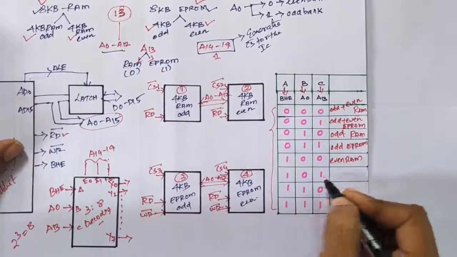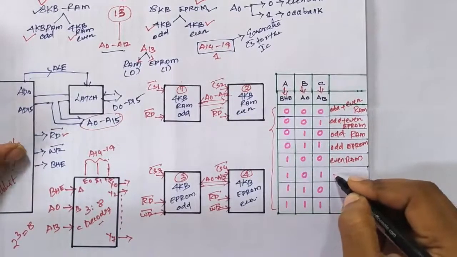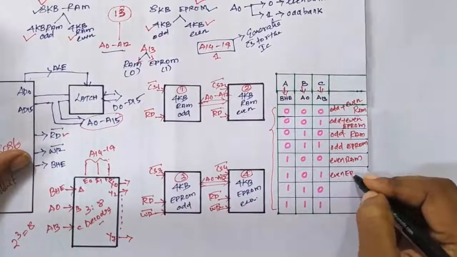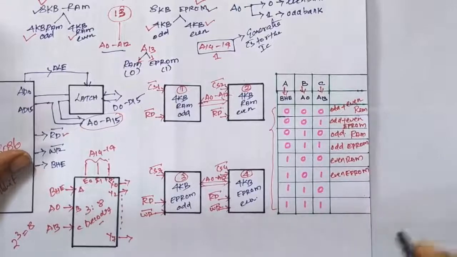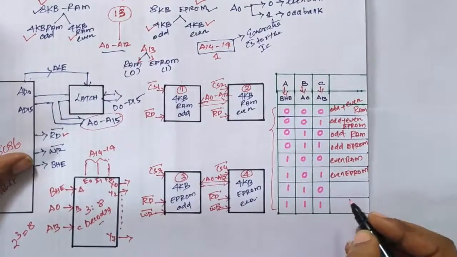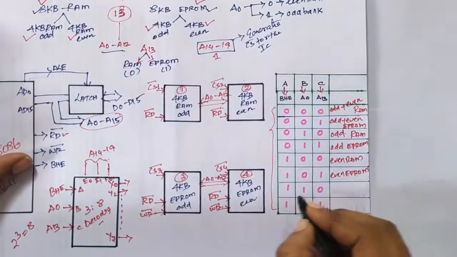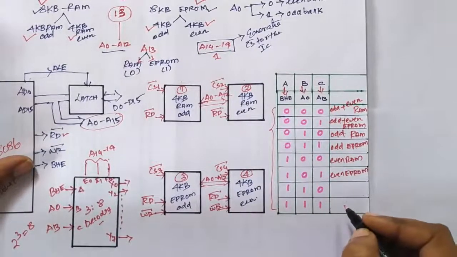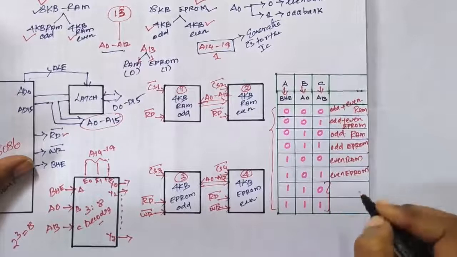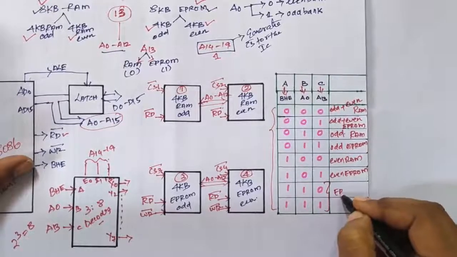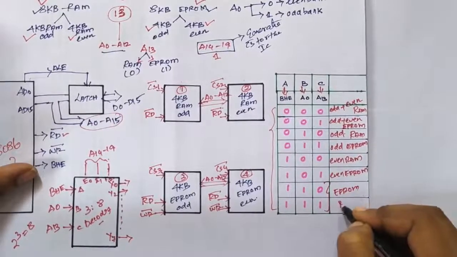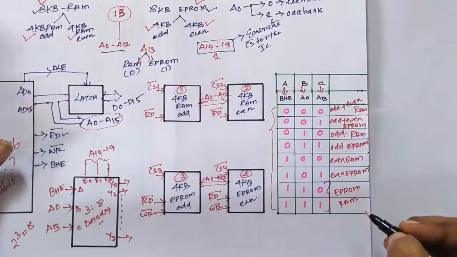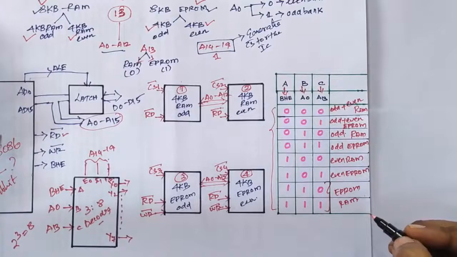Similarly, with 101, we can select the even bank EEPROM memory. With 110 and 111, we can't select either the EEPROM or the RAM memory. So this is the output we generated from the 3:8 decoder.